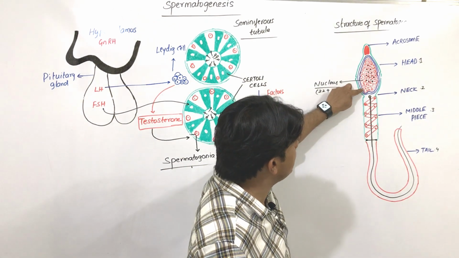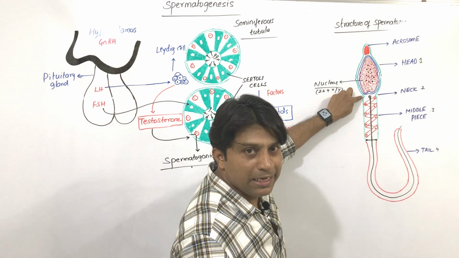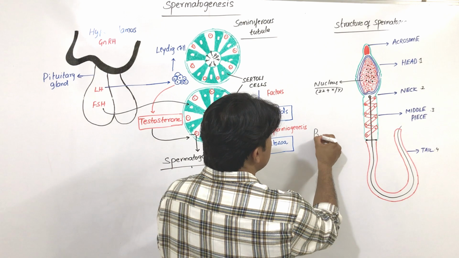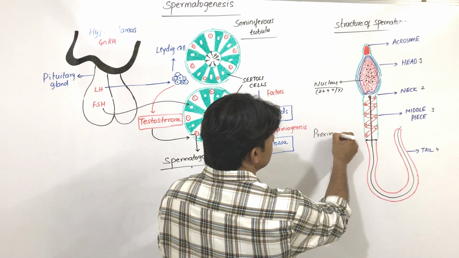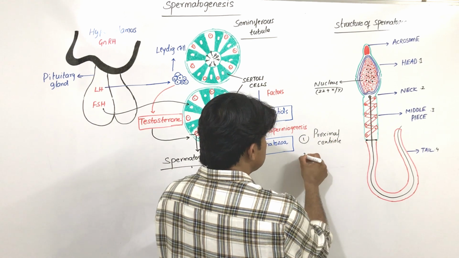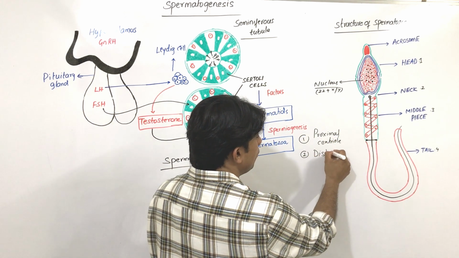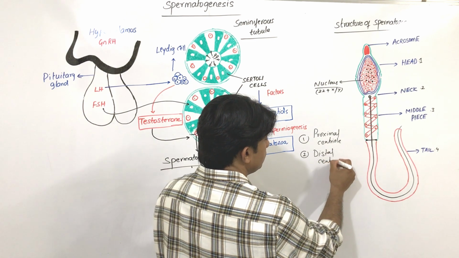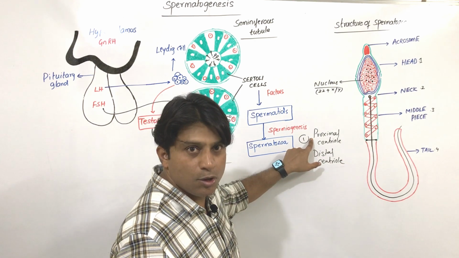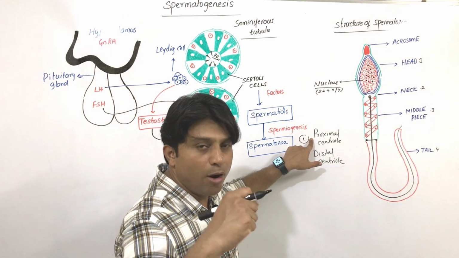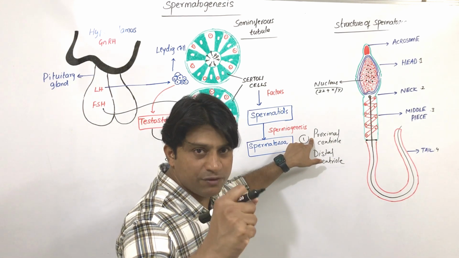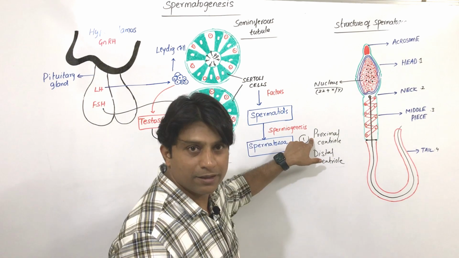Next, this is the neck. Neck is present just below the head. Neck has 2 centrioles. One is the proximal centriole, and second, it has a distal centriole. What is the role of the proximal centriole? Proximal centriole is involved in completion of the second meiotic division in the secondary oocyte.